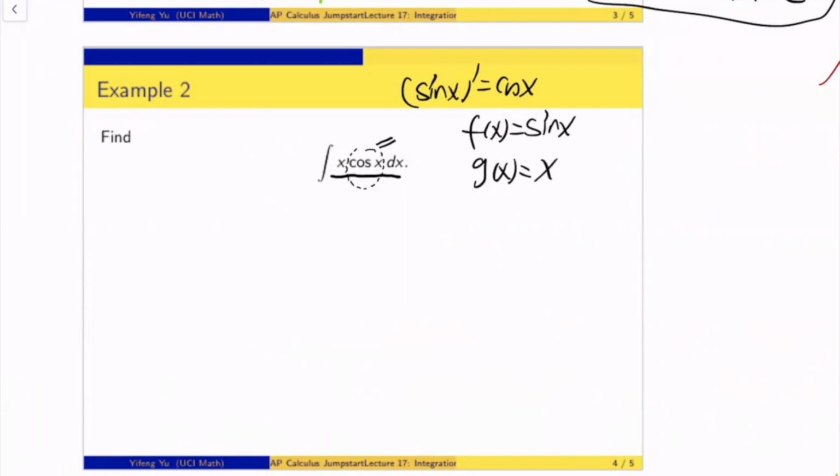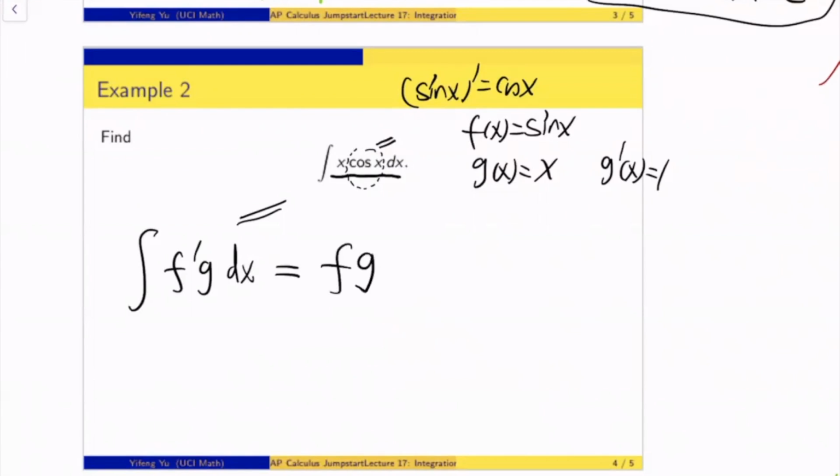Why do I do that? Because the derivative of x is 1, which is supposed to simplify the integral. Then we apply integration by parts: the integral of f' g dx equals fg minus the integral of f g' dx.